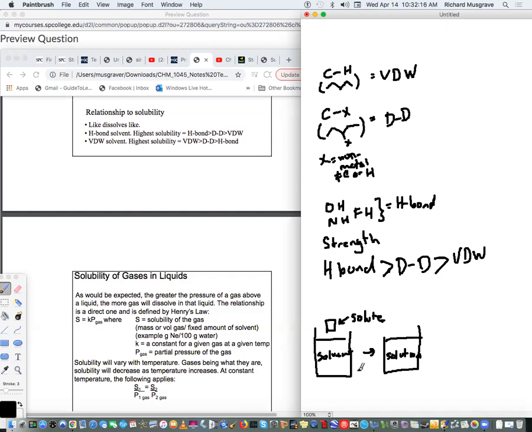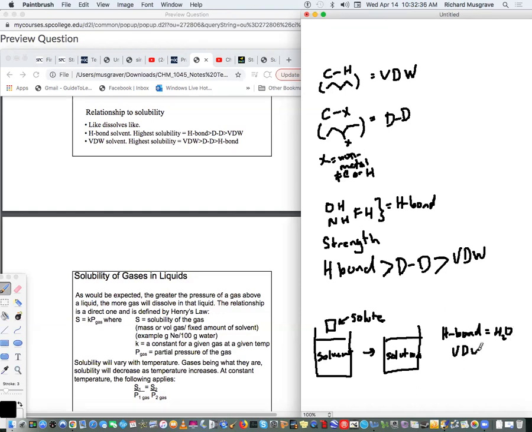So what we're talking about here is the kind of solvent that we're discussing. An example of a hydrogen bonding solvent would be water. Water is a hydrogen bonding solvent. So H bond, H2O, as you can see all these OH bonds there.